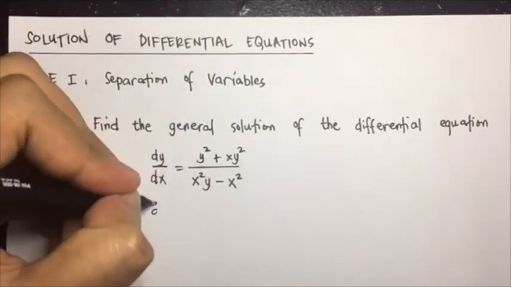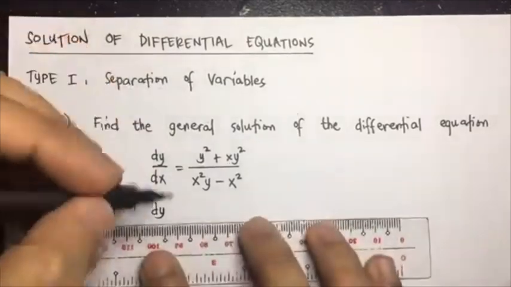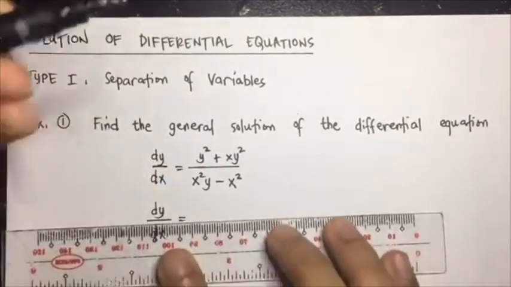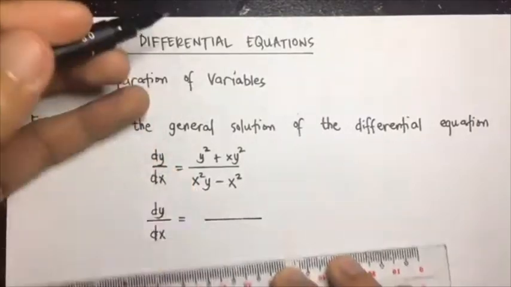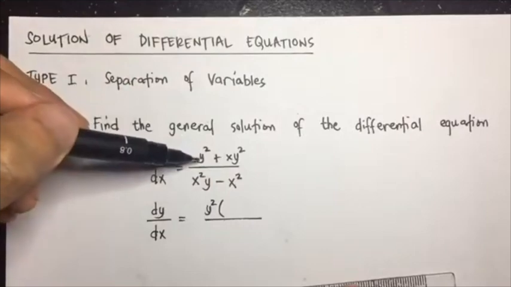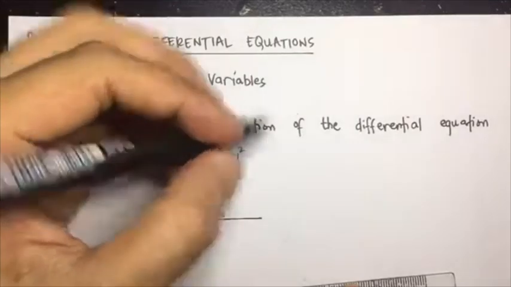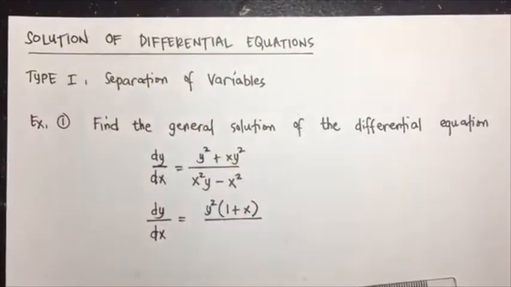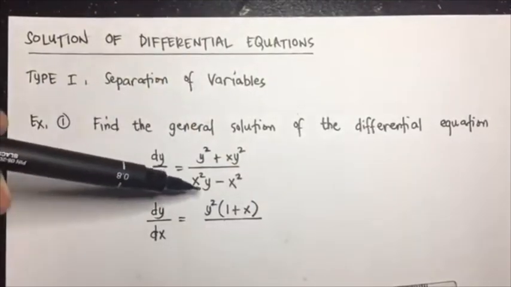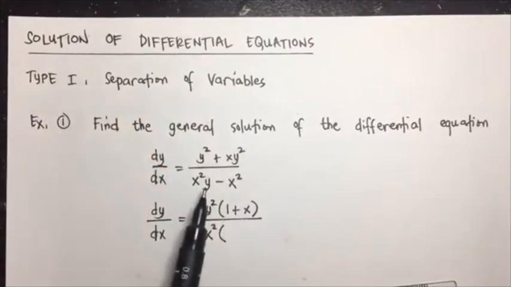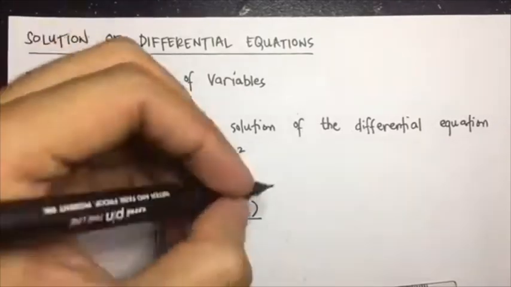So dy over dx is equal to, factoring y squared in the numerator, y squared times 1 plus x. In the denominator, we factor out x squared, so what will remain is y minus 1.